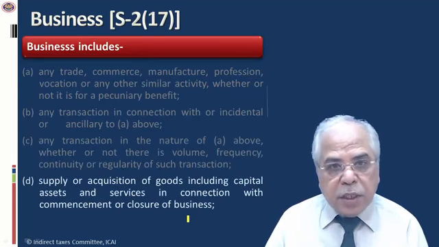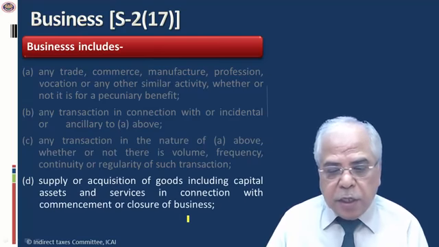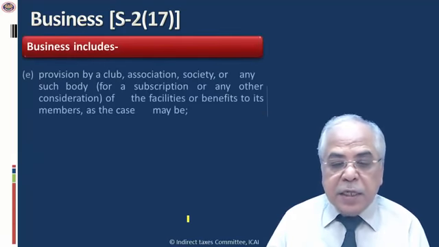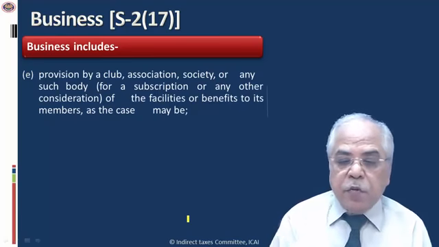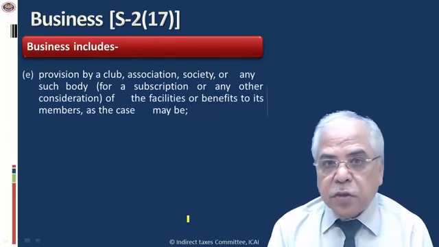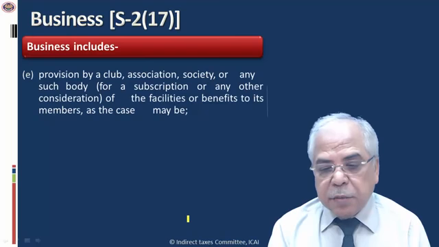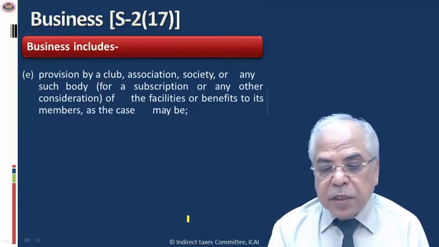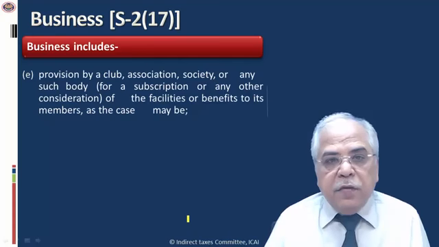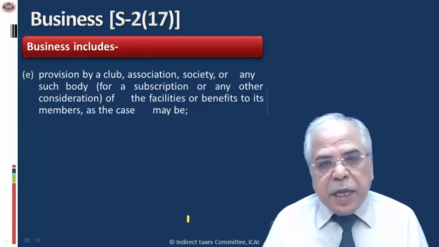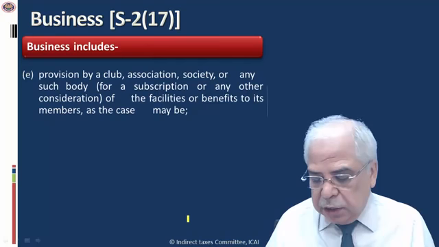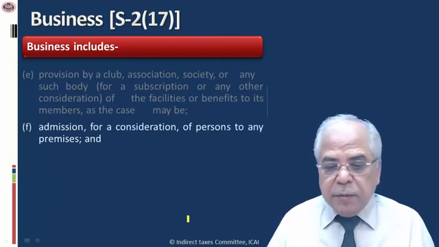Similarly, you can go through clause D also, which is on your monitor, and then you will see clause E, wherein provision by a club, association, society, or any such body for a subscription or any other consideration of the facilities or benefit to its members. So even the activities carried out by an unincorporated association for its members are subject matter of GST.